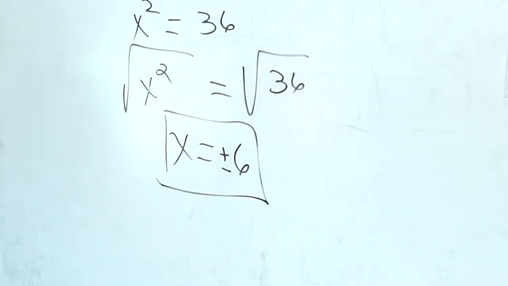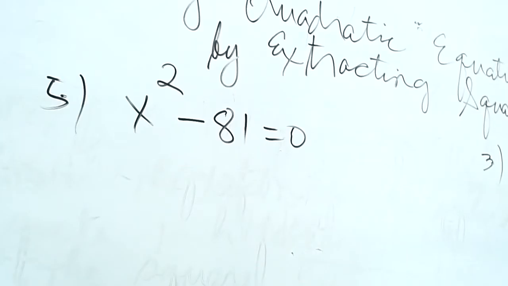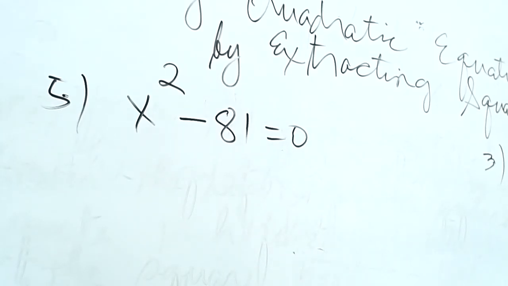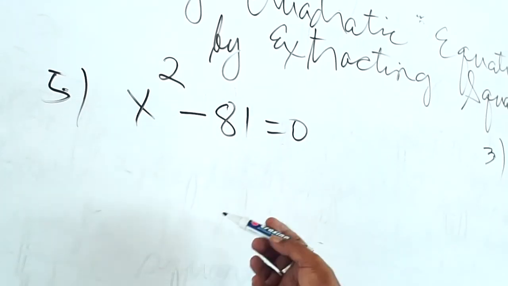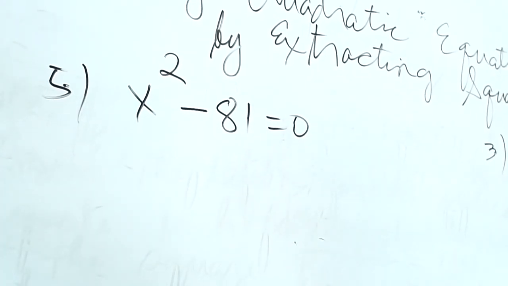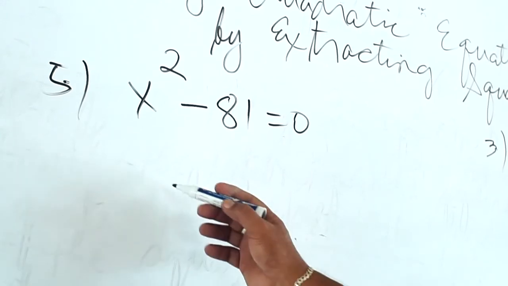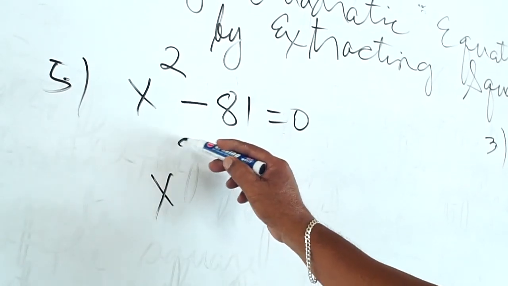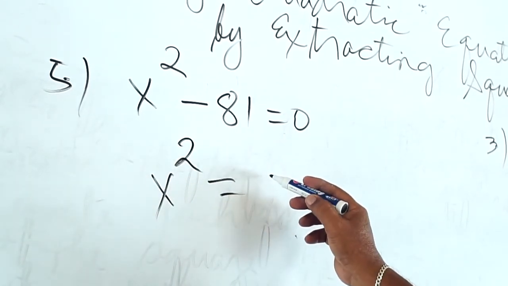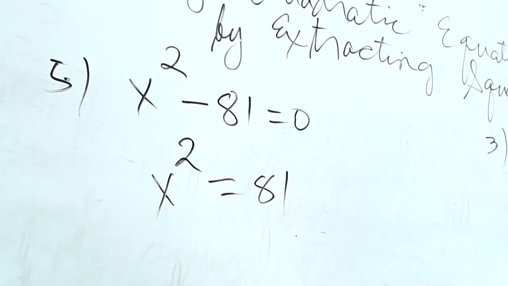Okay, number 5 example. x squared minus 81 equals 0. So we transpose negative 81 to the right side. So x squared is equal to positive 81. Then after that, take the square root of both sides of the equation.